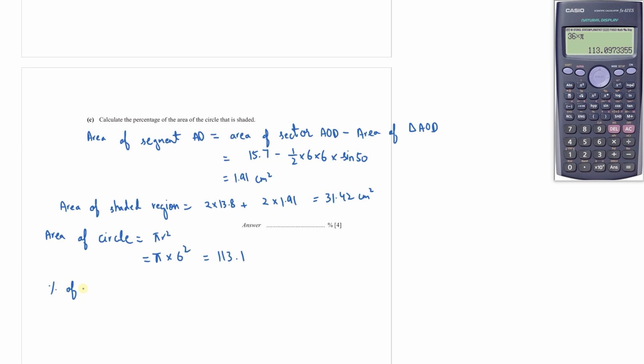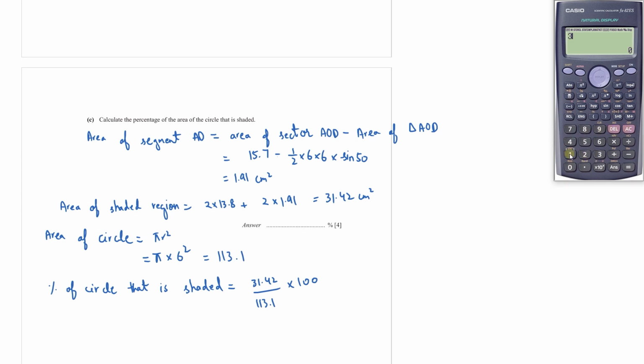So the percentage of the area of the circle that is shaded will be the area of the shaded region, which is 31.42, divided by the total area of the circle, which is 113.1, then multiplied by 100.